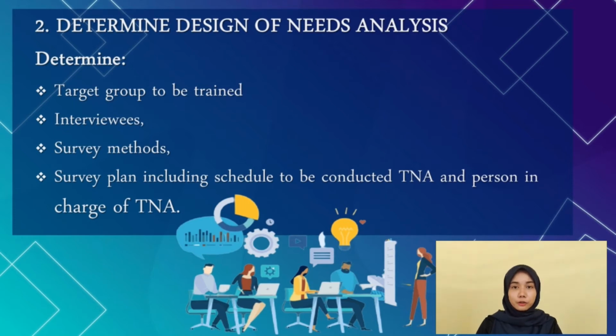Once the target group for the training is identified, interviewees for the survey are selected. Sampling of the target group population, which will be addressed in the next session, should be used if all the officials of the target group cannot be interviewed due to time constraints.